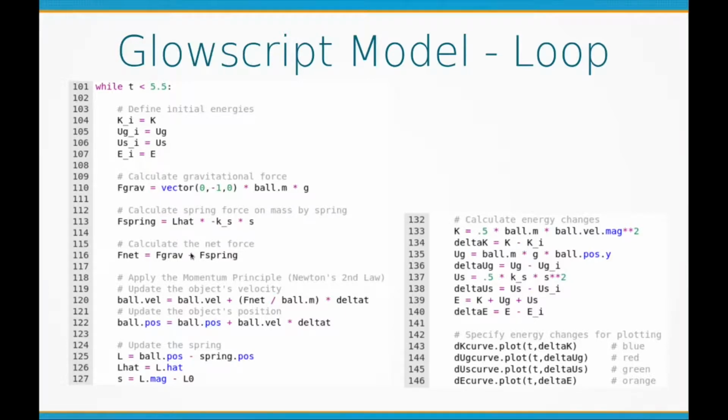Once we've updated the position and velocity of the weight, we calculate the new state of the spring by repeating the same steps we did for the initial setup. After that, we recalculate all of the different energies at play in the system, and then we sum them up to get a new total energy. And then we compare these new energies with the energies we saved at the start of the loop, and we plot the changes in these energies.